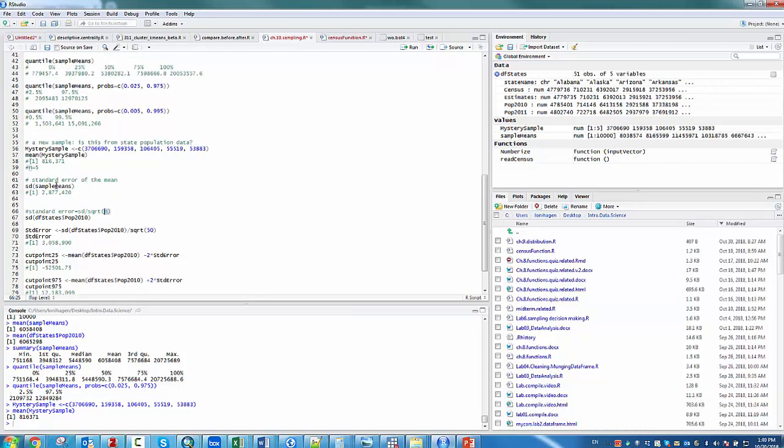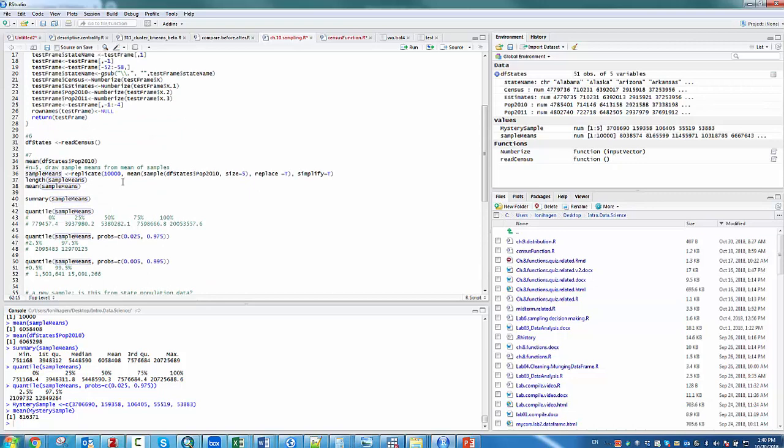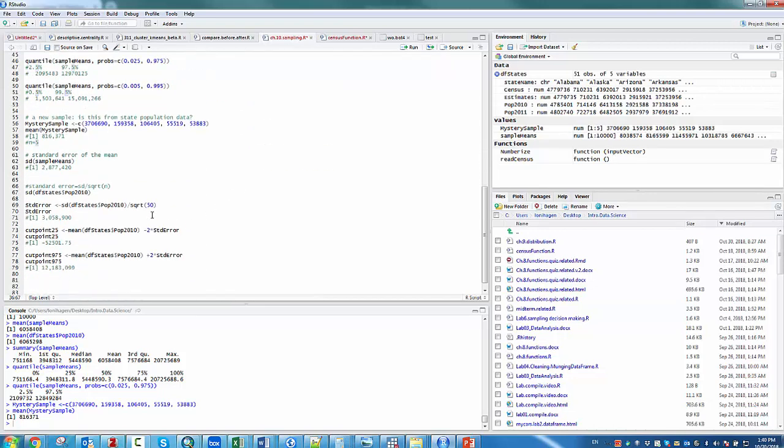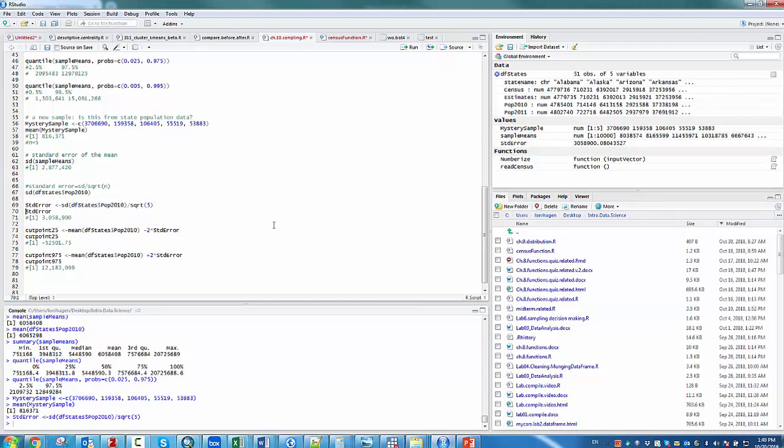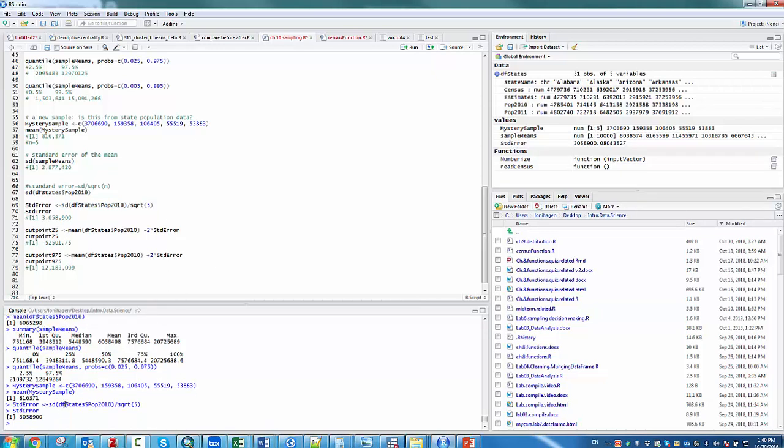In these sample means, you sampled 5, so that's why it becomes square root 5 here. And then the standard deviation of the 2010 population is divided by square root 5. So that's the standard error. The standard error is 3 million.